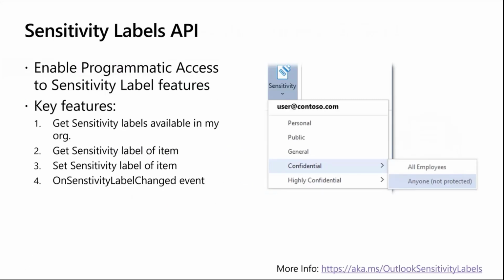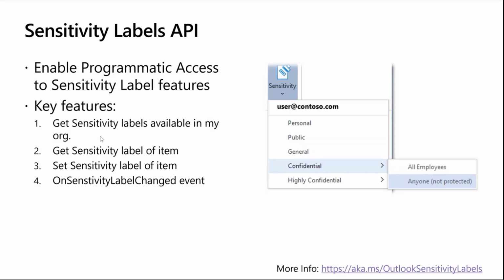Sensitivity labels. This is a big feature, especially for security add-ins that require knowing what sensitivity label is applied to a message. Maybe you have seen this feature, which is in many Office applications and also in Outlook, where you can change the sensitivity of an email. And we are providing programmatic access to that feature. So what are we providing with the label API?